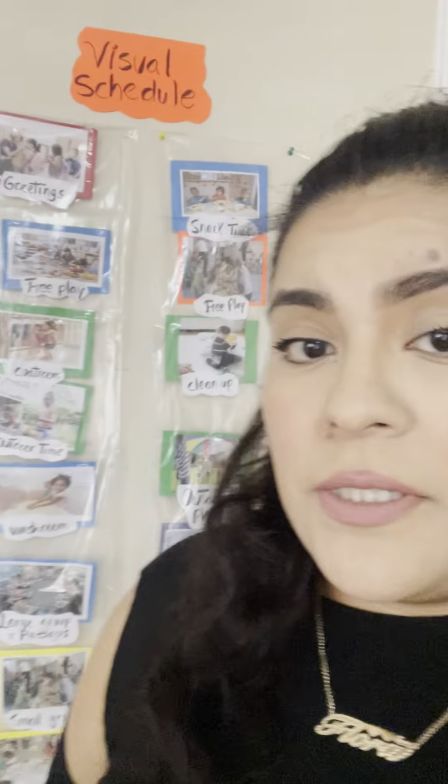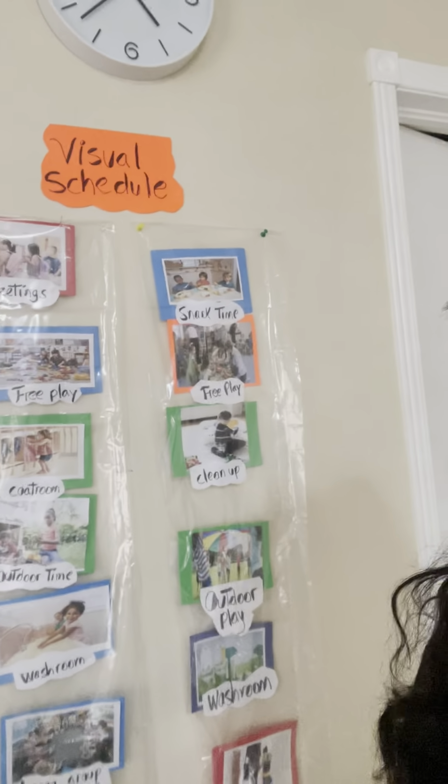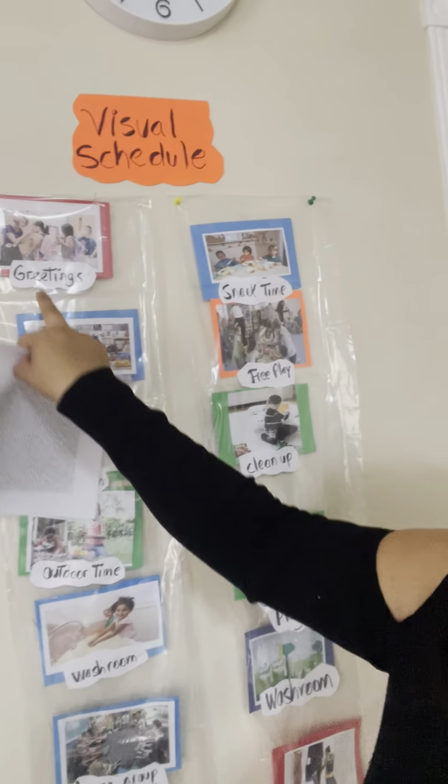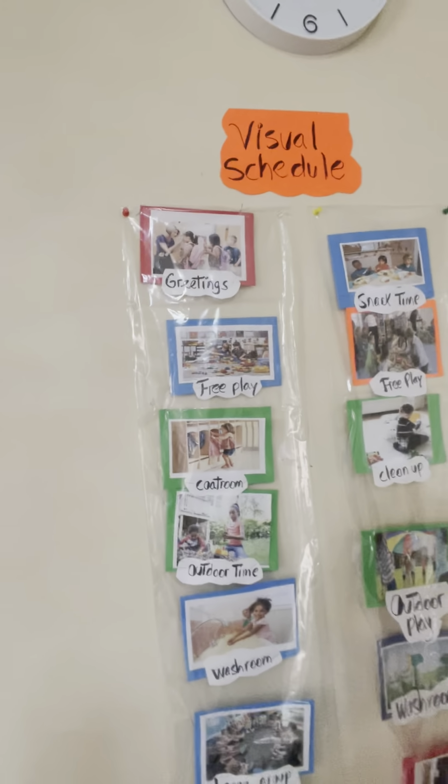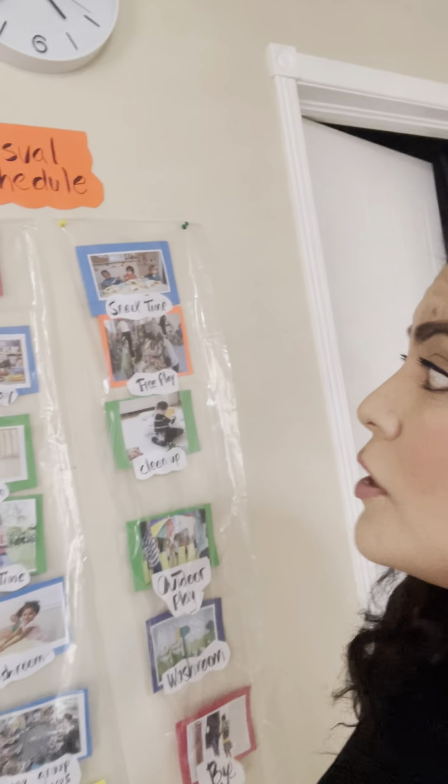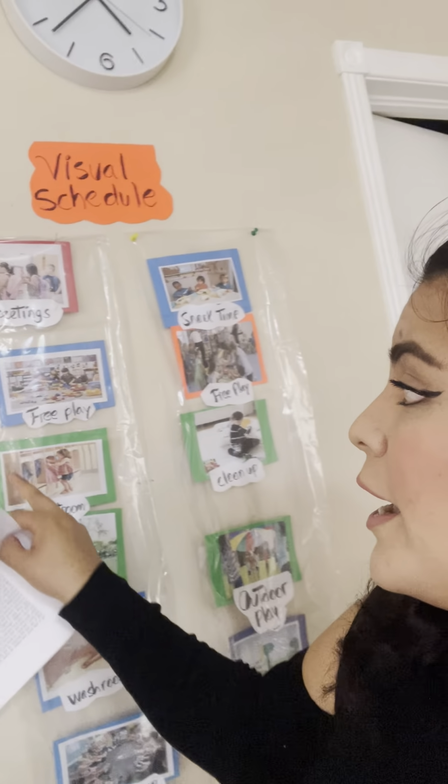I'm going to start, for example, with my greetings. As you can see, we are putting a start at 8 in the morning. After that, I have the free play, where the kids have the opportunity to have their own initiation and play what they want.